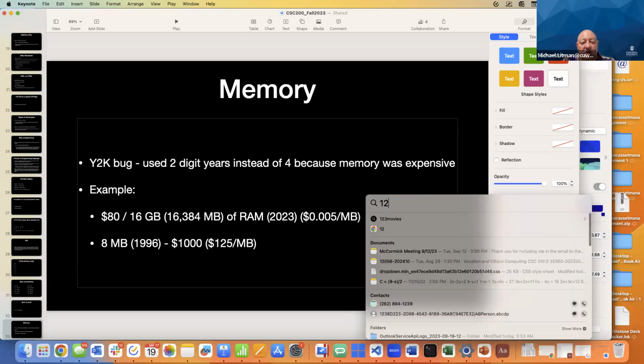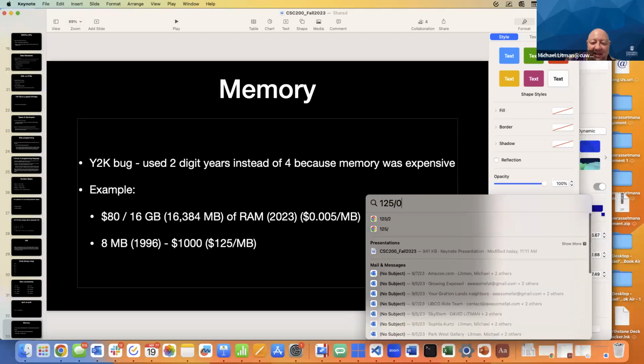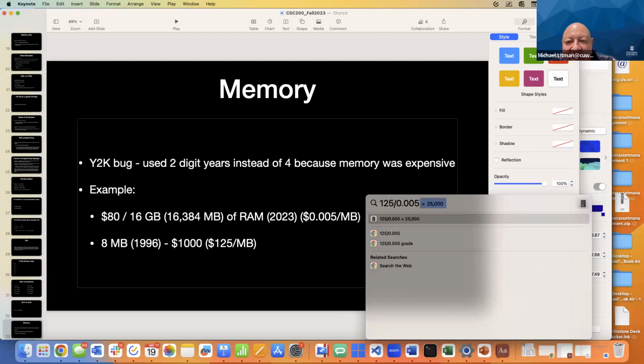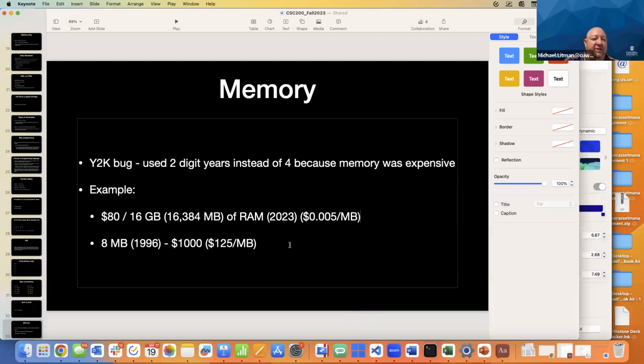All right, so 125 divided by 0.005 is 25,000. That means memory today is roughly 25,000 times cheaper than it was in 1996, when it had already come down in price.